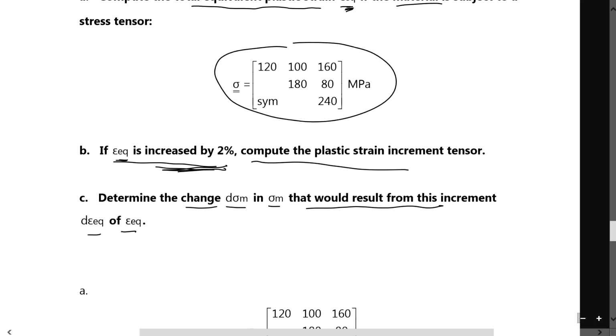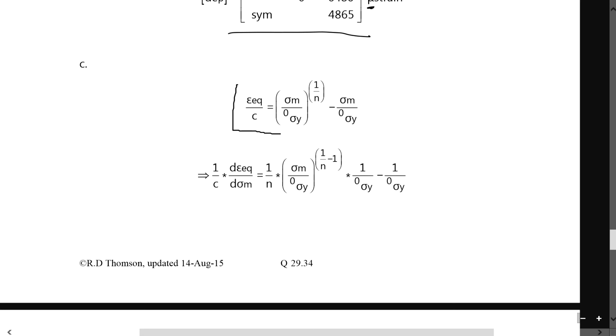Ta-da! Remember you have your Osgood law over here. Talking about d sigma m, this means that you're going to differentiate your d epsilon EQ in terms of your d sigma m, in other words you're going to differentiate in terms of your sigma m. Therefore it's 1 over n.